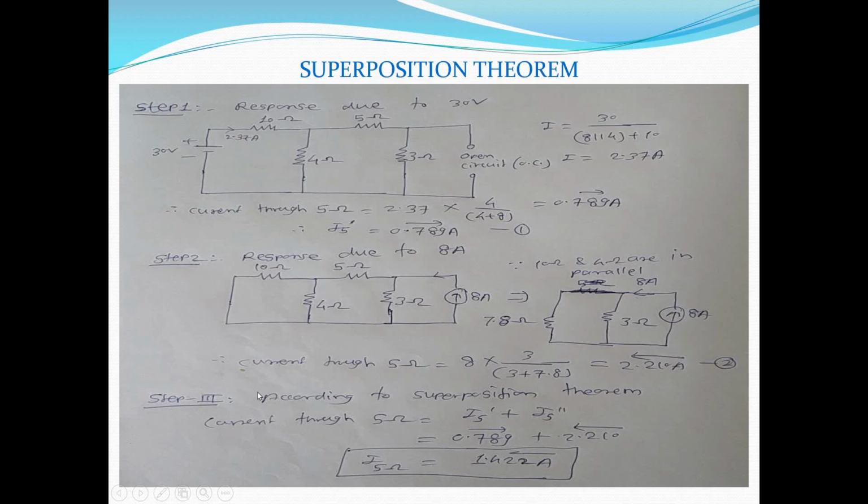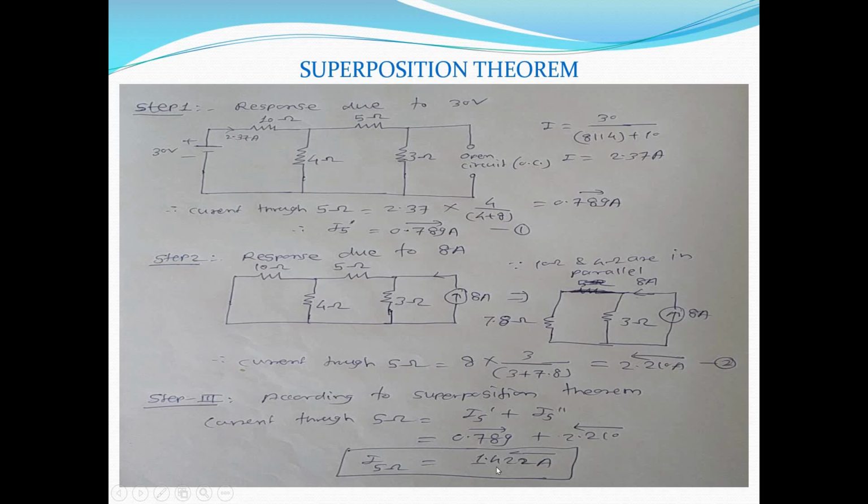Now, as per the superposition theorem, the current flowing through the 5 ohm is equal to I5 ohm dash plus I5 ohm double dash, that is the algebraic sum of responses caused by individual sources. So it will be 0.789 from left to right plus 2.210 from right to left.